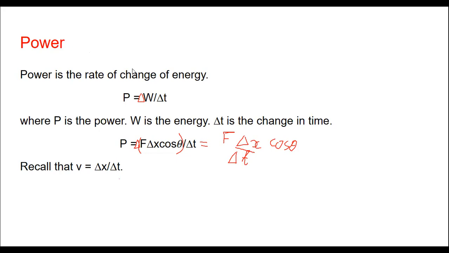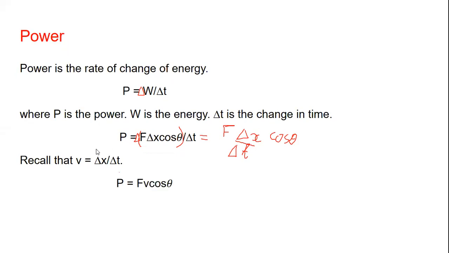So power is the rate of change of energy. Because v is equal to delta x by delta T, you can substitute that into P, and you'll get P is equal to F v cos theta, right?